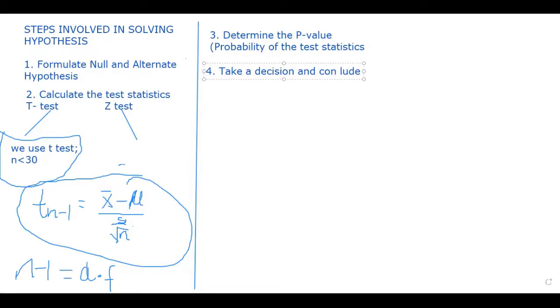Now, we have 2 approaches in making our decisions. So we have the critical value approach and the p-value approach. Let's explain the critical value approach.